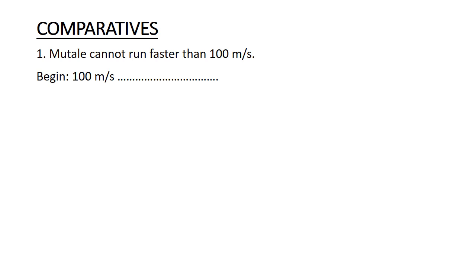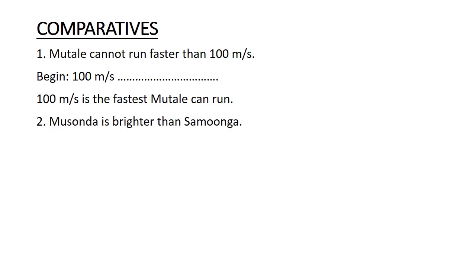We know that he cannot surpass 100 meters per second. So we cannot say 100 meters per second runs faster than Mutale because 100 meters per second does not run. But we can say 100 meters per second is the fastest Mutale can run. They cannot go beyond 100 meters per second.